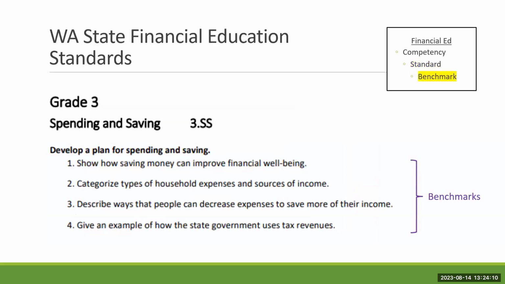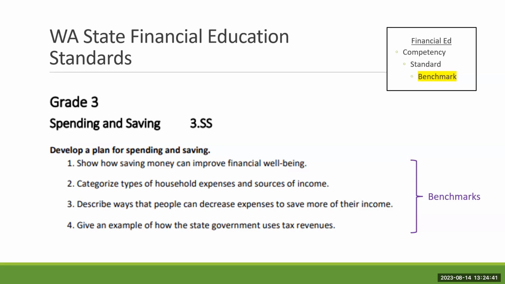So if we get even more specific and look at our actual benchmarks, this is an example of the 3rd grade benchmarks under spending and saving, looking at developing that plan. These are some concrete actions that we would hope 3rd graders might be able to do after receiving financial education for a year: showing how saving money can improve well-being, or describing ways that people can decrease expenses to save more of their income.